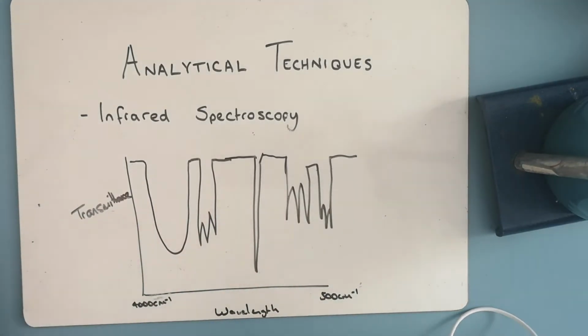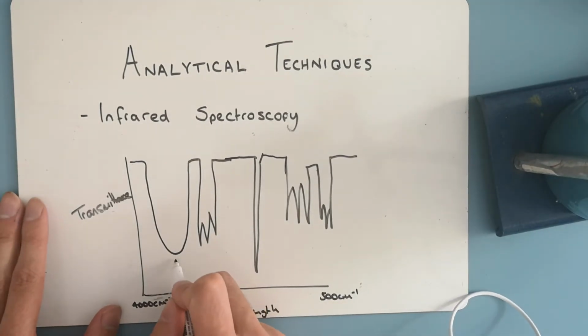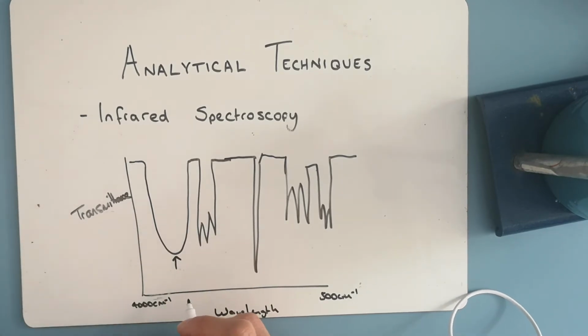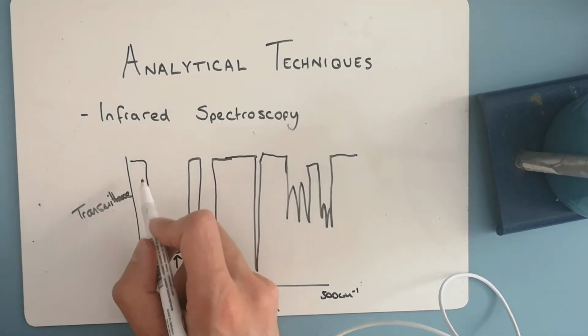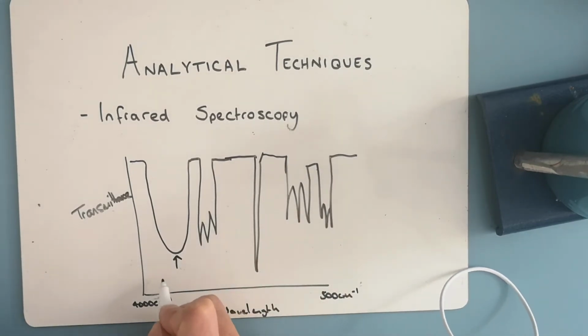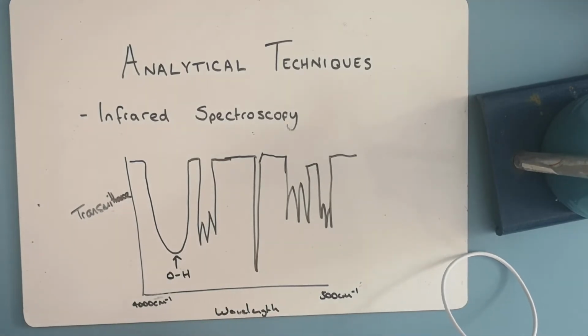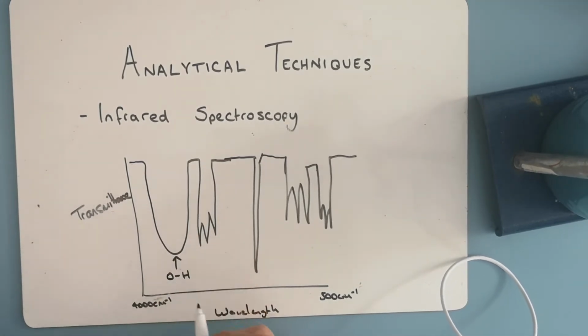But among these peaks we have some clear ones. At about 3,000 to 3,200 there's a broad peak. All the others are quite sharp, but when you get a nice broad one, because of hydrogen bonding, that's usually an O-H. It could be an N-H, but it's usually an O-H at this level.